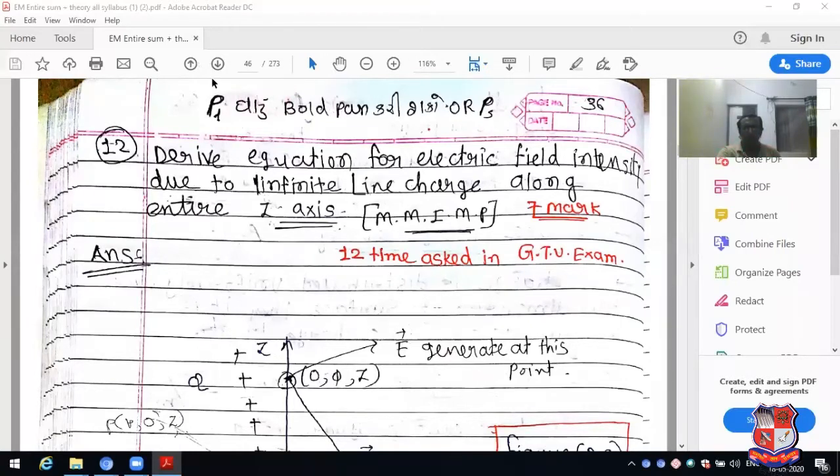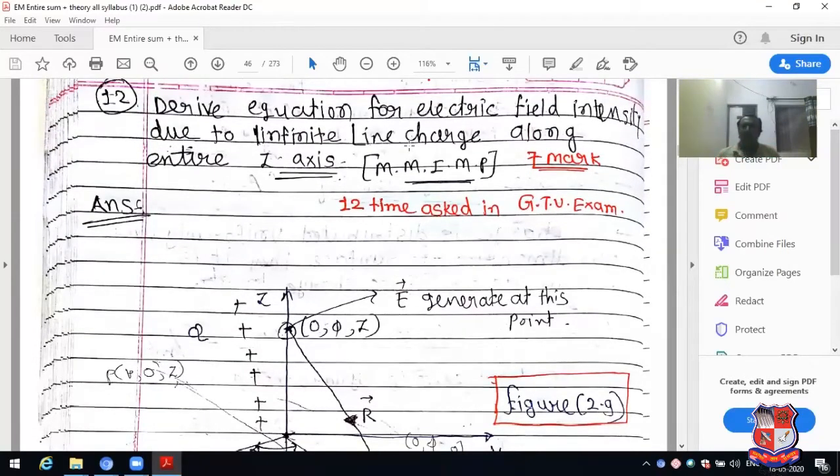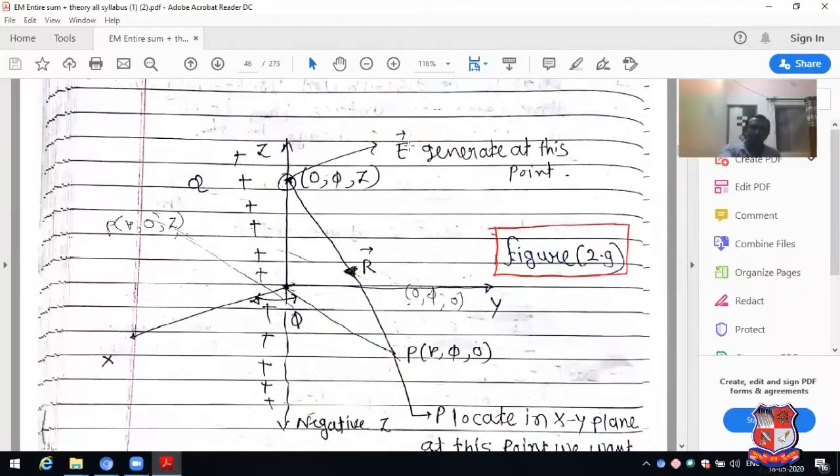Derive the equation of electric field intensity due to the infinite line charge along the entire z-axis. This is the entire z-axis along which plus q charge is distributed. Plus q charge can be distributed along the entire line.